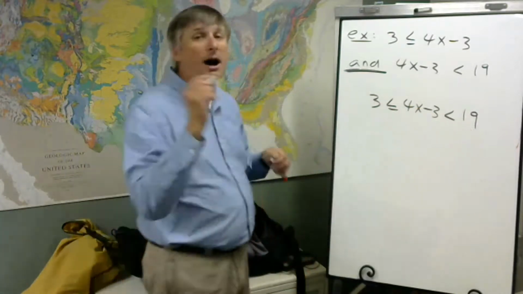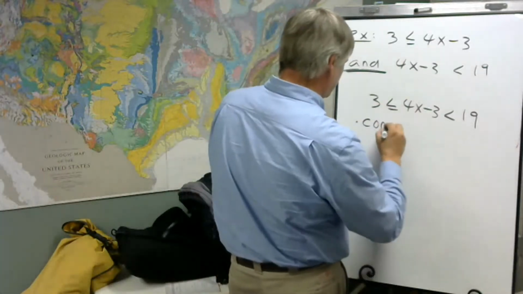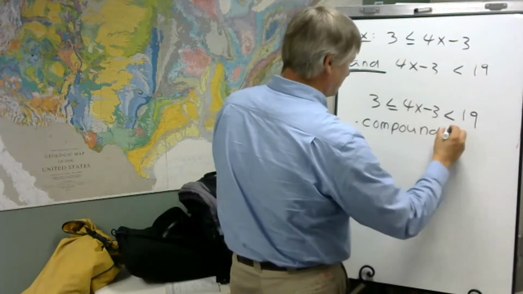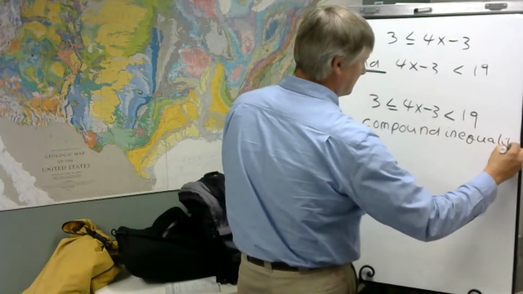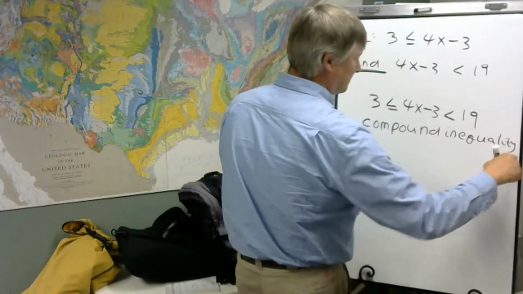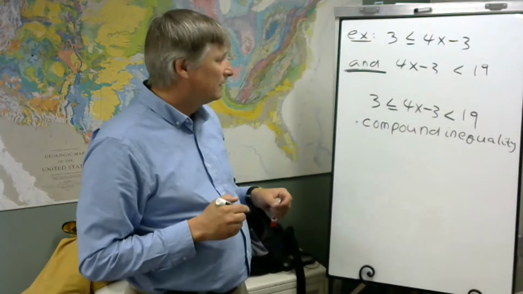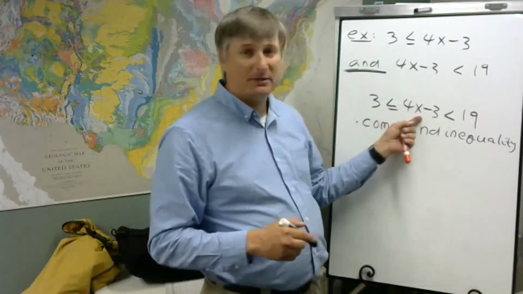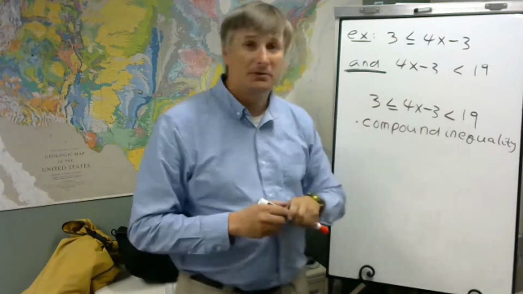This is called a compound inequality. So what we're going to do is solve for x in the middle. And what we do to the middle, we do to the sides.